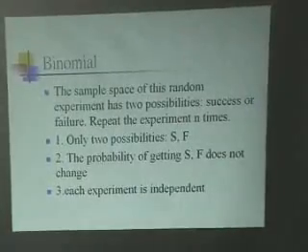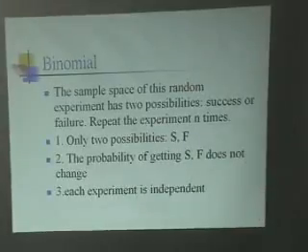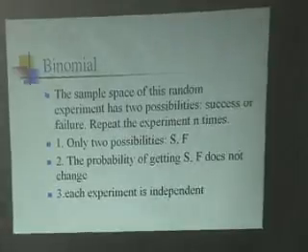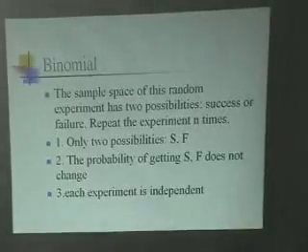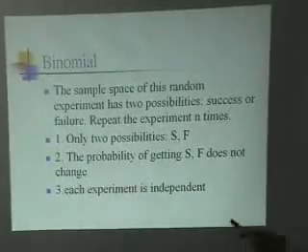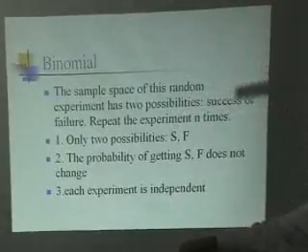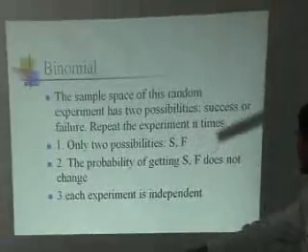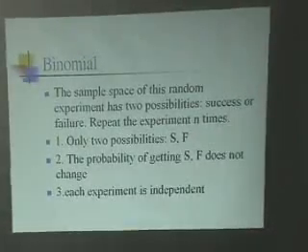And now, you are required to repeat the experiment n times. So you are doing this kind of experiment, it has only two possibilities, success or failure, and you repeat it n times. And the probability of getting success or failure does not change. For example, you cast a coin.